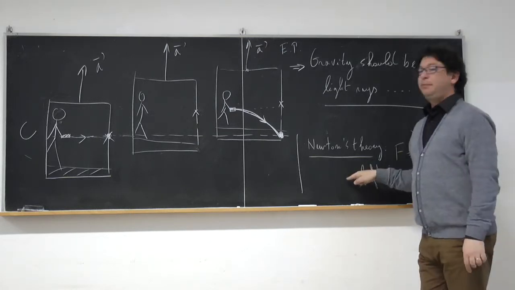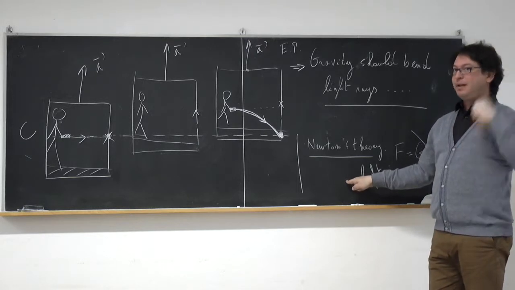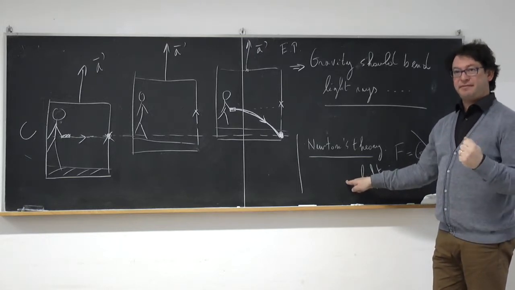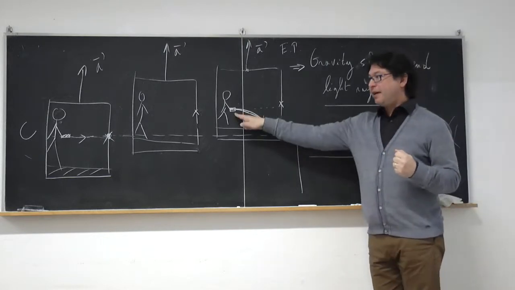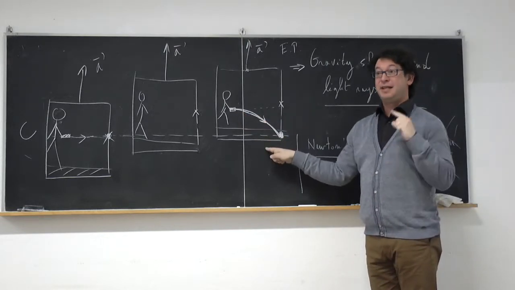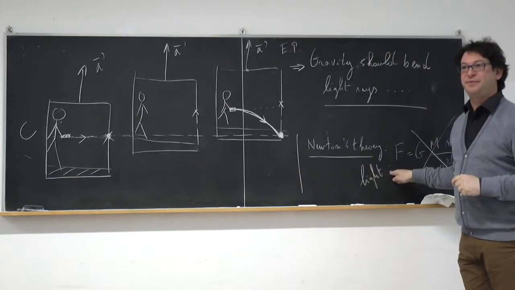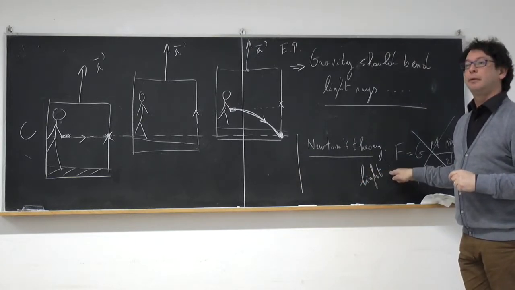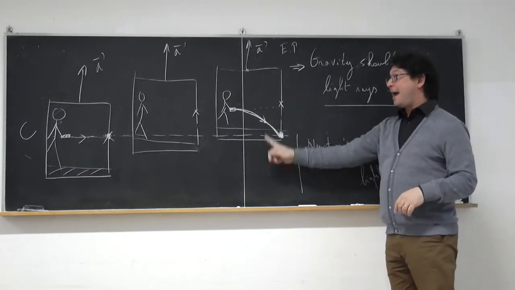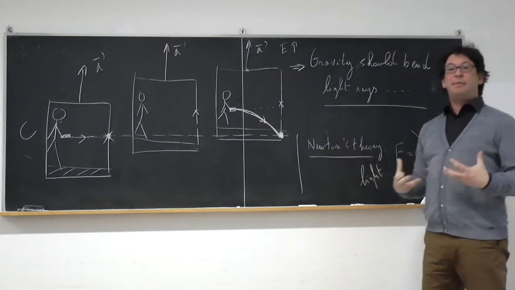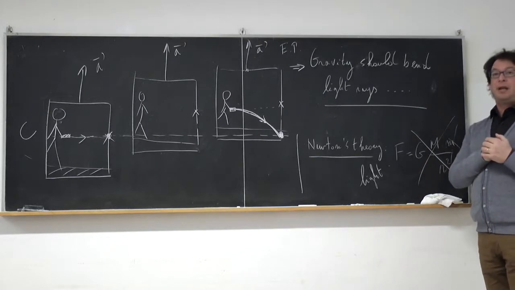Because if you're a Newtonian believer, if you still believe in Newtonian gravity, you might think, if I observe light deflection, this means that I'm not in a gravitational field. And this means that I am really moving and I can establish absolute motion.